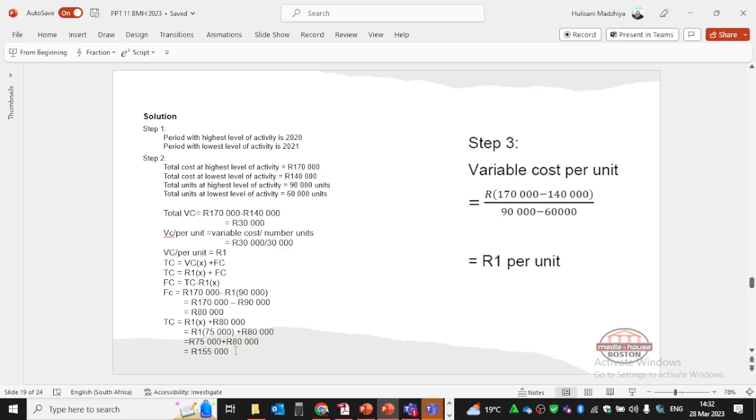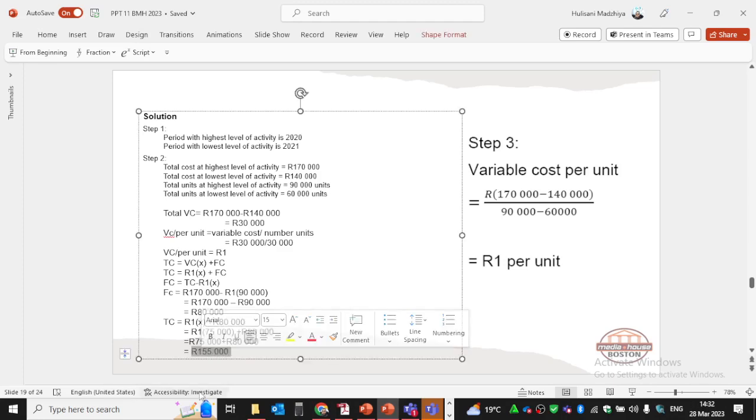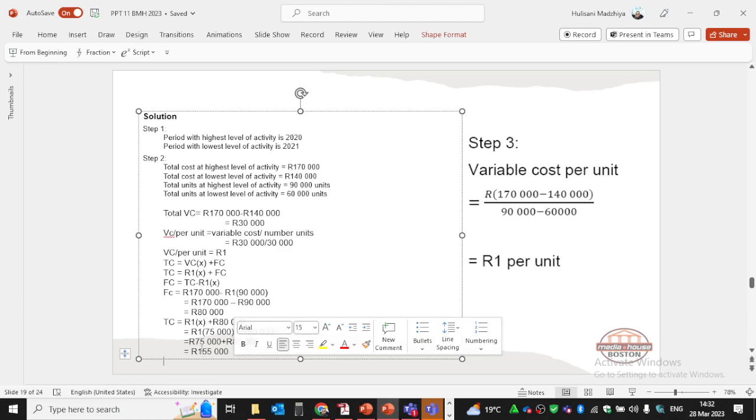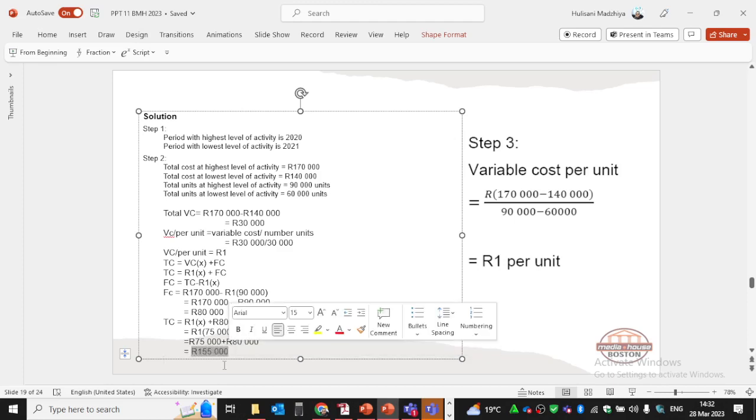So we are not far away, by 5,000, because we're working with thousands values. So the difference will not be that much, looking at the values we're working with. Even if we change this, in the future we expect the cost to be somewhere around 155, plus or minus. We don't expect it to be 70,000, we don't expect it to be 200,000, but we expect it to be close to 155,000.